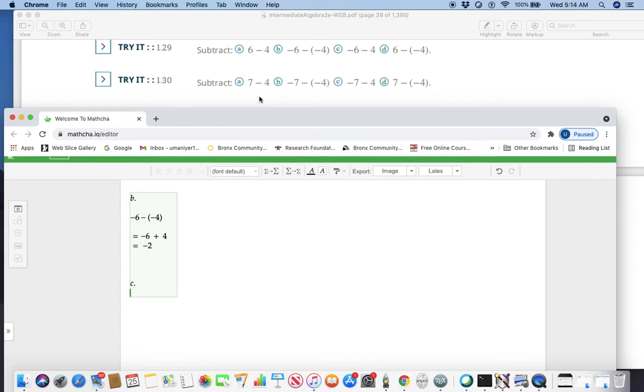Negative 6 minus 4. Well, you are starting with a negative number and you are combining more negative. So you are even more negative. So minus 6 minus 4 is minus 10.